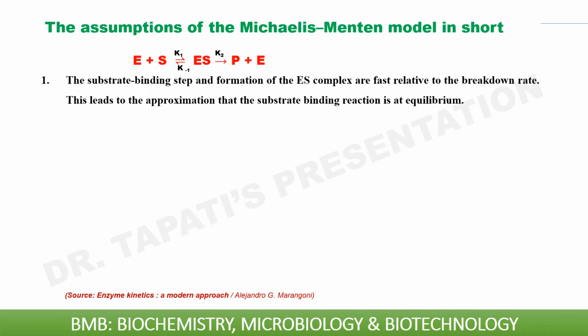That means the rate of formation of ES from E plus S is higher than the degradation of ES to P plus E or degradation to E plus S. This leads to the approximation that the substrate binding reaction is at equilibrium. You can see that the first reaction is in equilibrium. This is the sign of equilibrium.